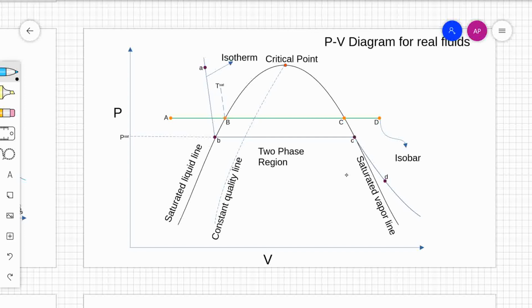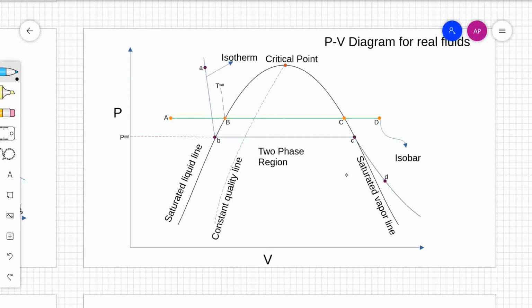As you can see, you have a saturated liquid line at the left end, you have a saturated vapor line at the right end, and they both meet at the critical point. At critical point, there is no change in volume when it goes from liquid to vapor state. This is the definition of a critical point.